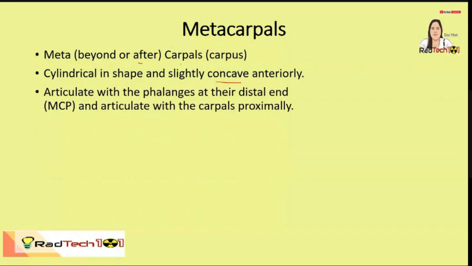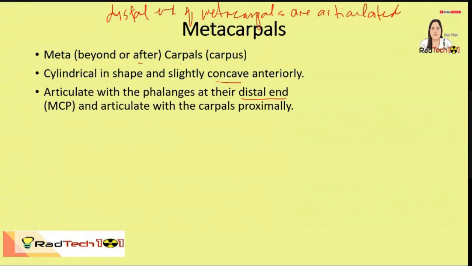The distal end of metacarpals are articulated with the proximal ends. So I will write it here. Distal end of metacarpals are attached or articulated to the proximal phalanx or phalanges.